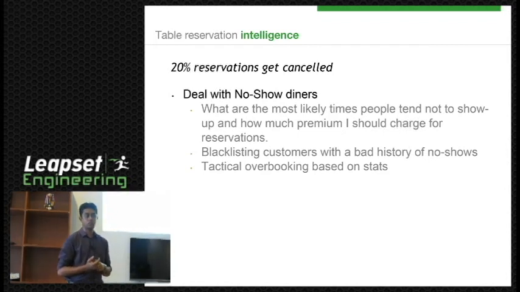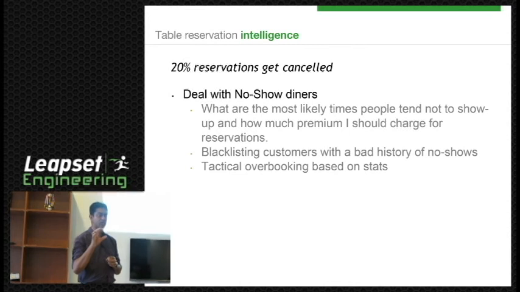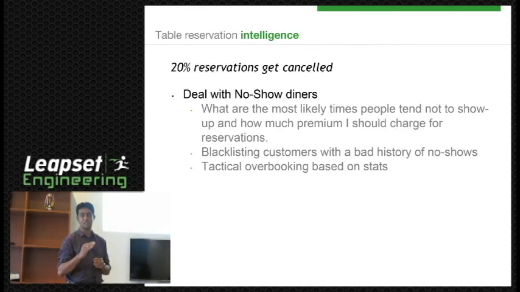Through predictive analytics, you can tell the merchants these are the time periods where no-shows are very high. You can even blacklist customers if you want. You can identify no-show customers, then tell the merchants not to take reservations from them in the future, something like that.